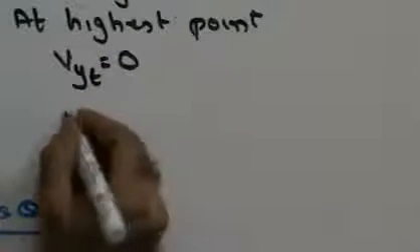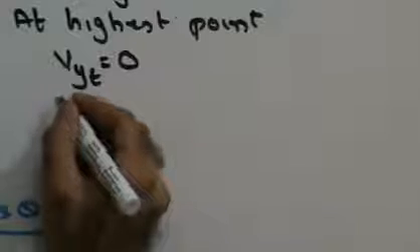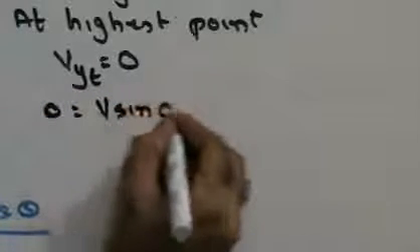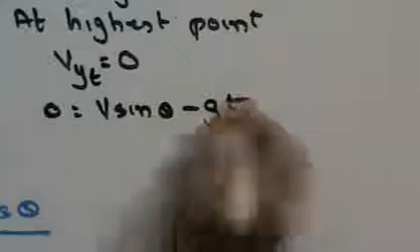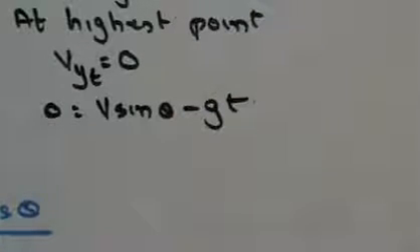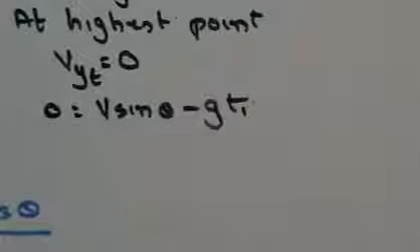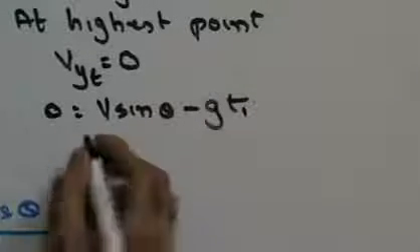If I substitute these values, 0 is equal to v sine theta minus gt. We call the time for the body to go up t1.